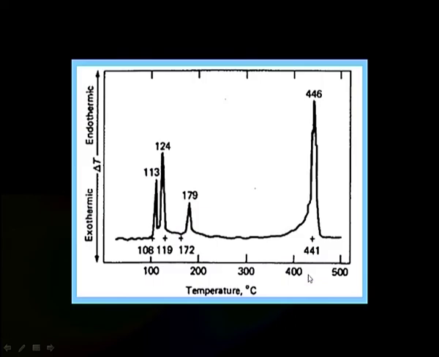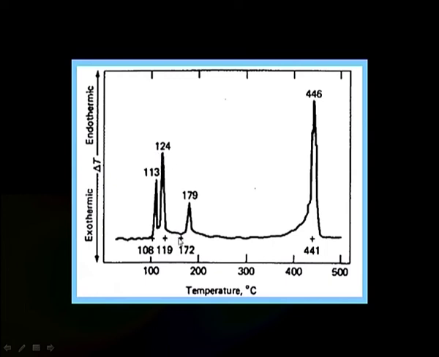By using DTA, we can see how this curve looks. On the x axis, we have temperature. On the y axis, we are using delta T, and here we have endothermic and exothermic processes. Here we can see that at 108 degrees, the peak begins and we get a sharp peak at 113 degrees Celsius, whereas the second peak appears at 124 degrees Celsius.